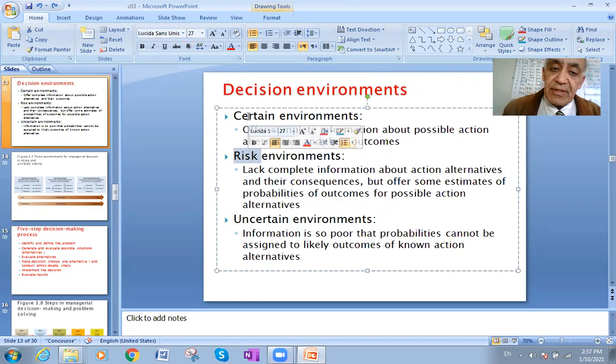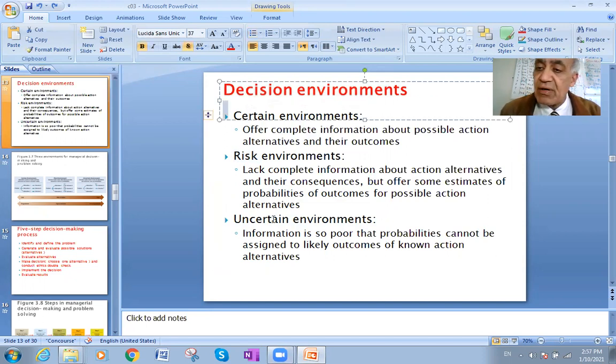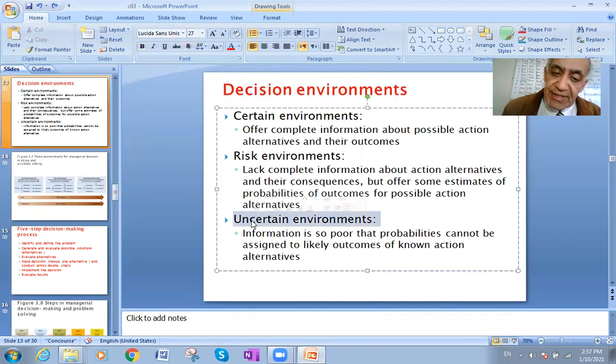In the certain environment, the decision maker has all the data and all the information that will help him in making his decision. In the uncertain, the decision maker does not have any data that will help him. He is in the black spot. He cannot see anything in front of him.